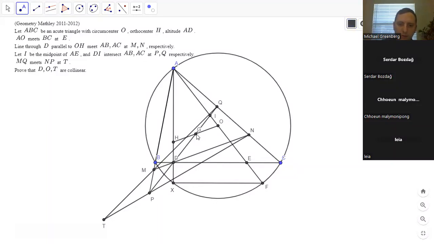And I'm trying to remember how I proved that. So yeah, somehow I showed OX. Oh yeah, by a homothety, OX is parallel to ID. So since D is the midpoint of HX, G is the midpoint of OH, and so G is the 9-point center of ABC.